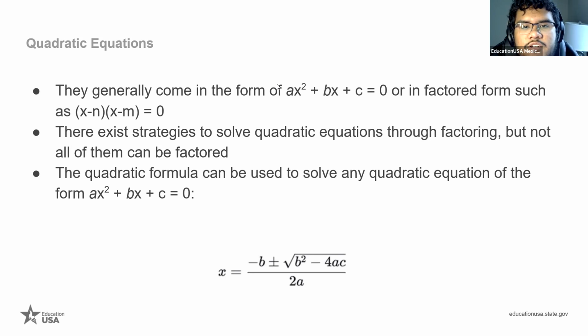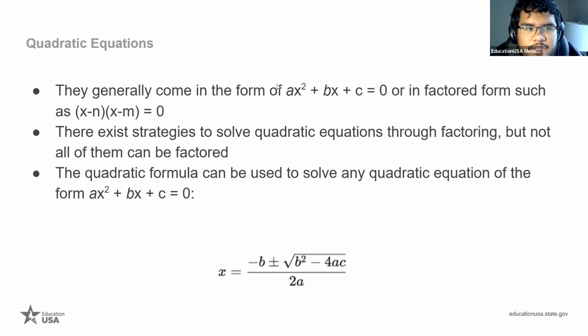The only exception is that a cannot be 0, because if a is 0, then it's no longer a quadratic equation. Like I said, if it were, all you'd be left with is bx plus c equals 0, which is a linear equation.